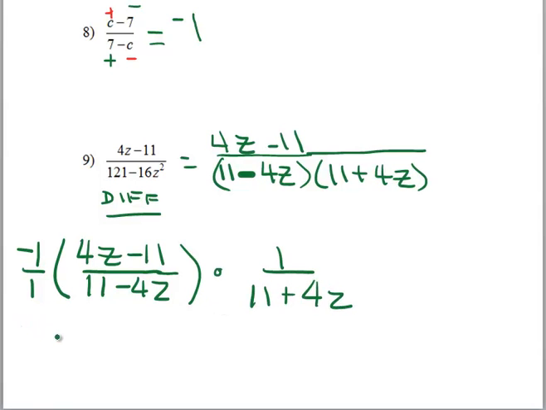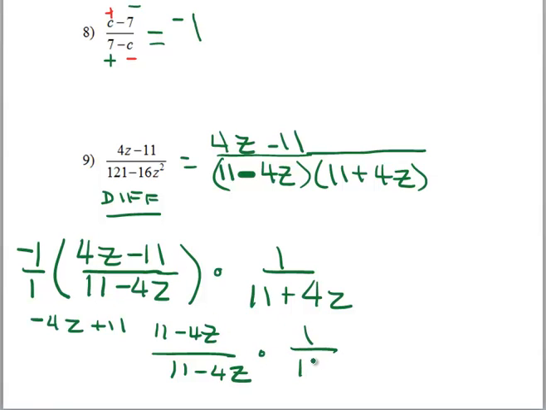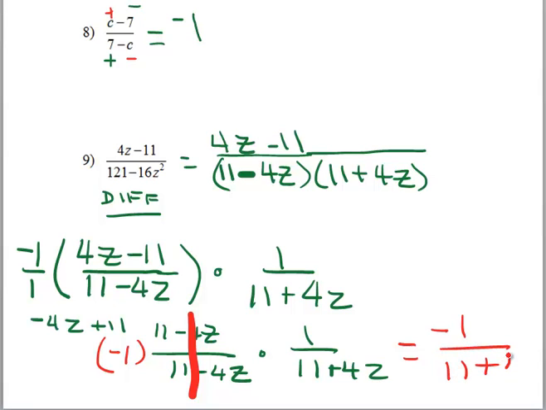So here, that's going to be -4z plus 11, which turns into 11 minus 4z over 11 minus 4z, right? Times 1 over 11 plus 4z. Well, just as predicted, there's negative 1. Don't forget that. There's that 1. So negative 1 times all that is negative 1 over 11 plus 4z.